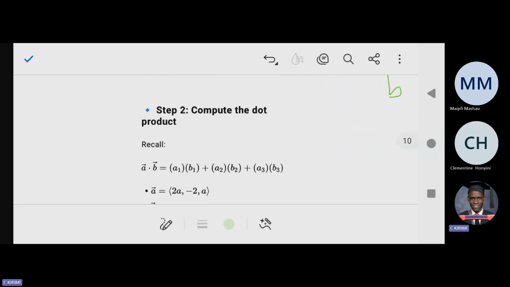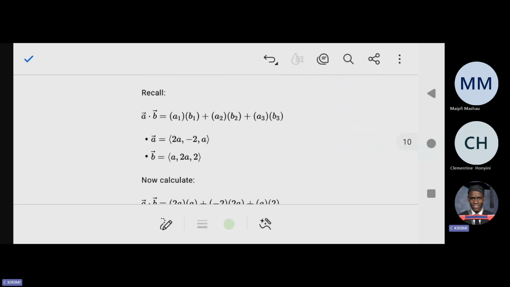So what is our A, and what is our B, and then we put it like that. 2A in the X direction, you can put it in rectangular form, with brackets. It can be a square bracket or a round bracket, it's allowed.